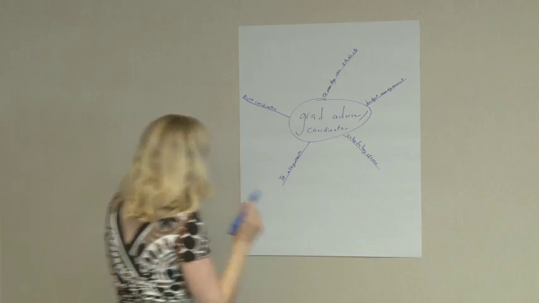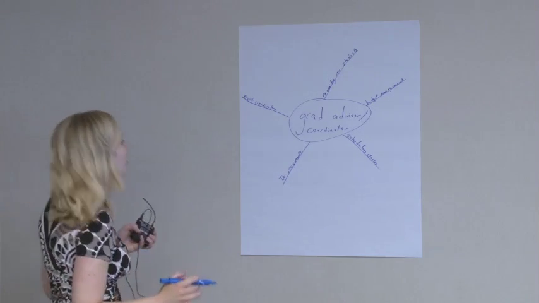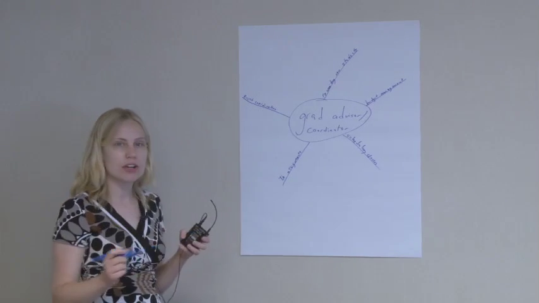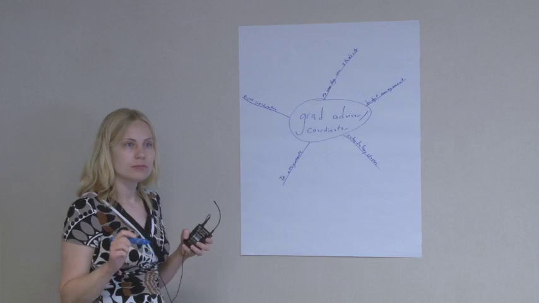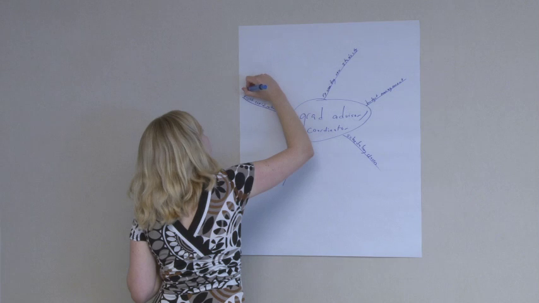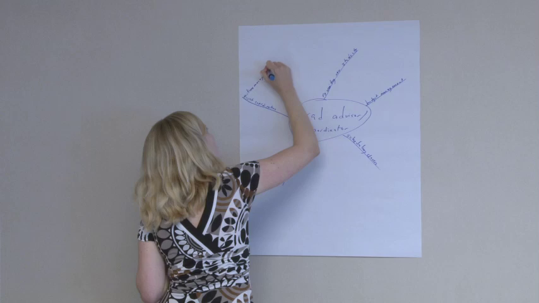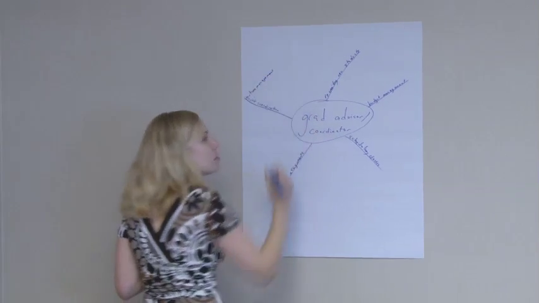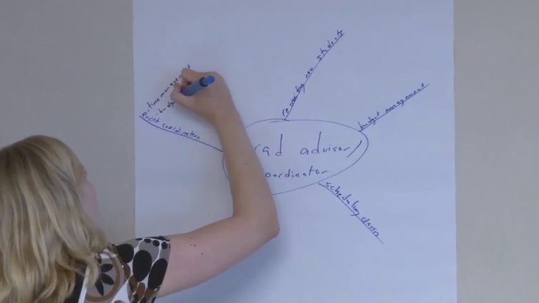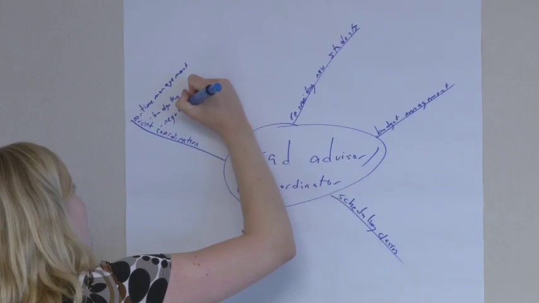Okay, so I'm just going to pick a couple of these for an example, but you would do more with students in the training. So what kind of skills do you need to do event coordination? Planning. Okay. Time management. Budgeting, okay. Maybe negotiation skills, if you have to do this with several people.